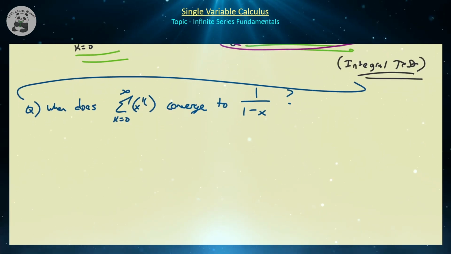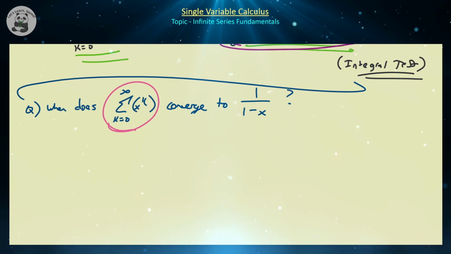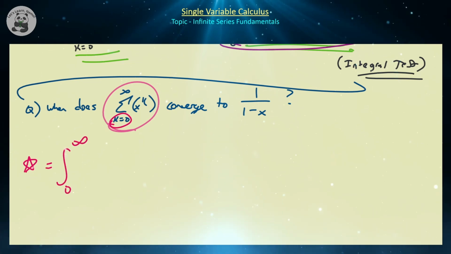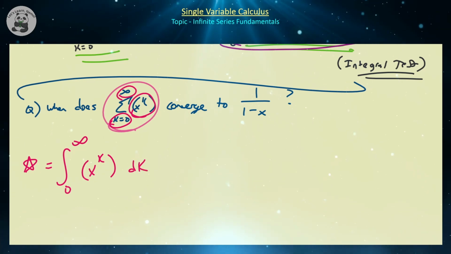So what we can see is, well, this is going to converge whenever the associated integral is going to converge as well. So the integral that we're interested in is the integral from 0 to infinity, same limit bounds, of that particular expression, x^k, and the variable here is k, not x. So x is just a number here.